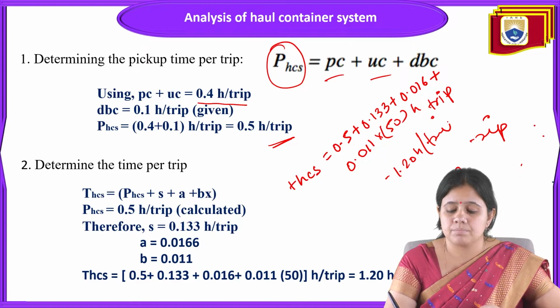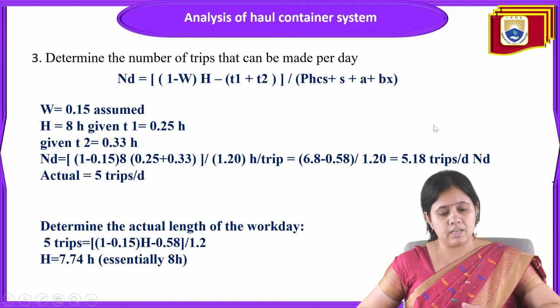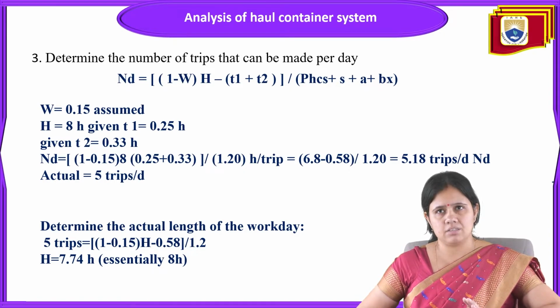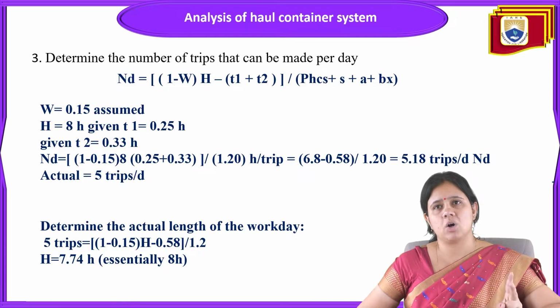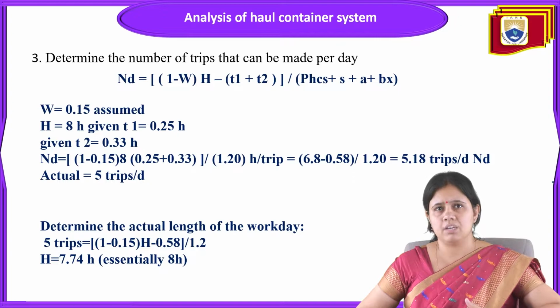Now we come to the next part of this numerical, that is to determine the number of trips that can be made per day. So in a single day of 8 hours, how many trips can they make? That is the main question. As we have already calculated the pickup time and the haul container time, half an hour is given for pickup and 1.5 hours for hauling.